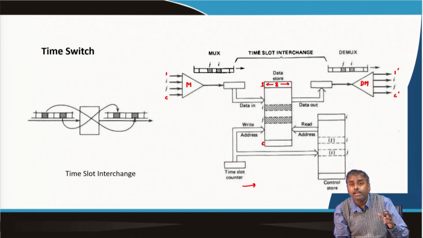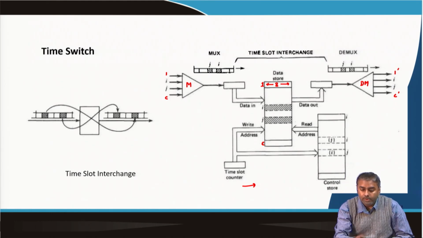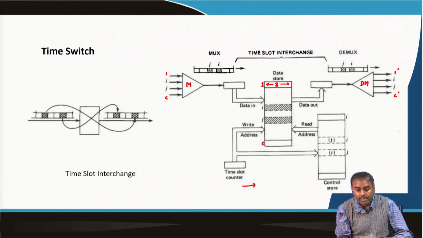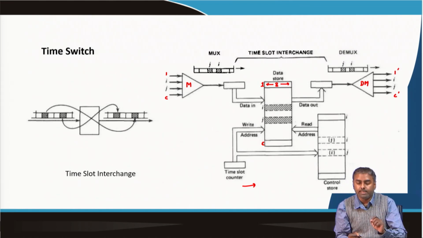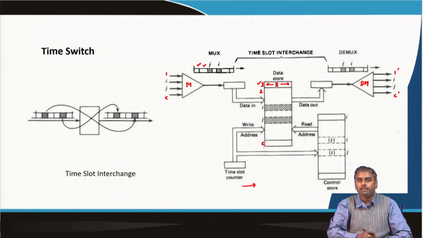So, there are two operations, eventually you are writing and then eventually you are reading. When you are writing, all those bytes that are there, you can sequentially write them. That means the first one you can write over here in the first location, the second one in the second location, and so on up to C.